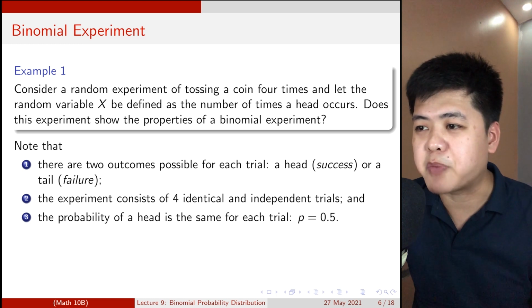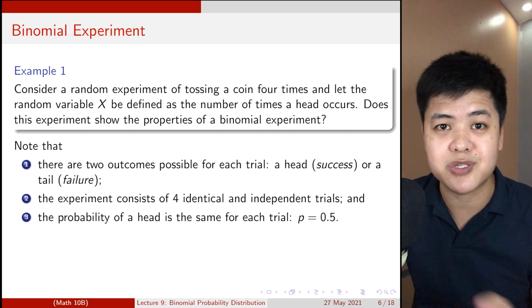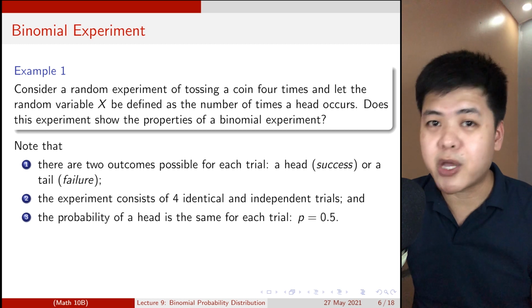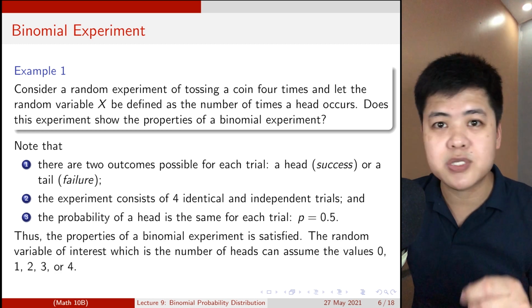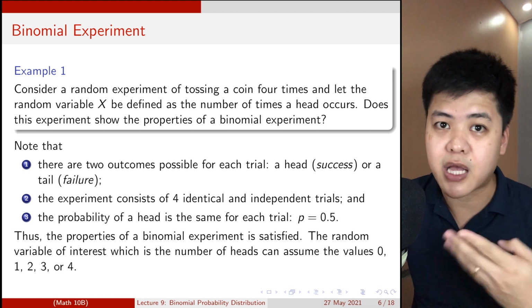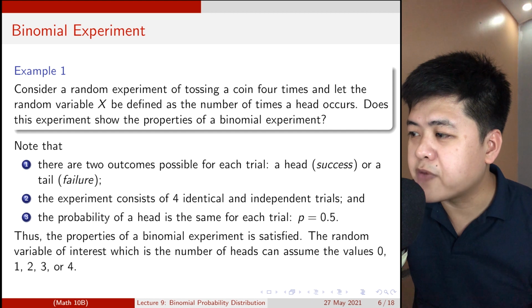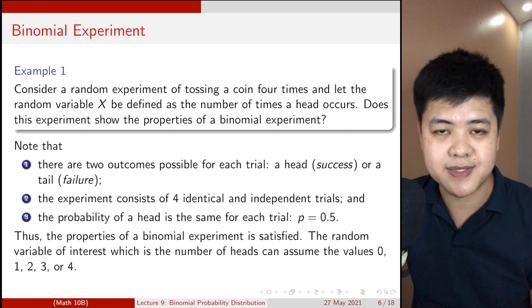And the third one, the probability of getting a head is the same, or constant, all throughout the trials, which is 0.5. So in this case, the three properties of a binomial experiment are satisfied. Thus, example number 1 of tossing a coin 4 times is actually a binomial experiment. Your random variable of interest can assume the values of 0 up to 4. It can be 0, no heads, or 4 heads.